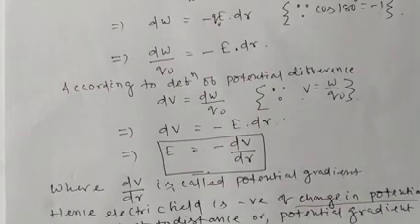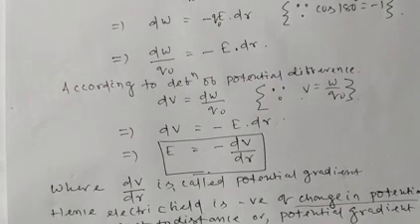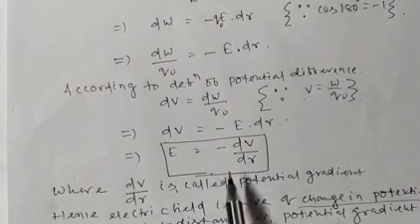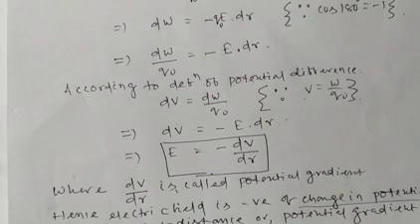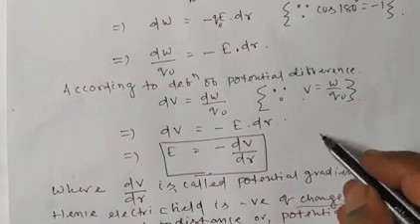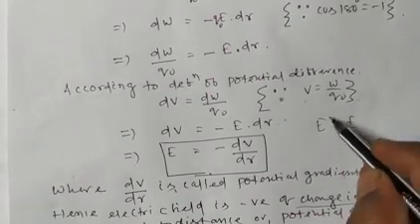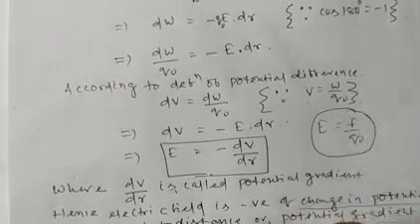This thing is represented by potential gradient. So electric field is the negative of potential gradient. So we have two formulas. One, E equal to F by Q0, that is the electric field intensity formula.